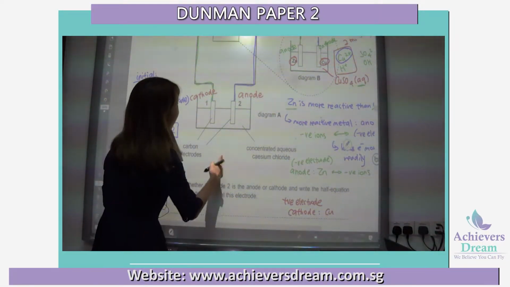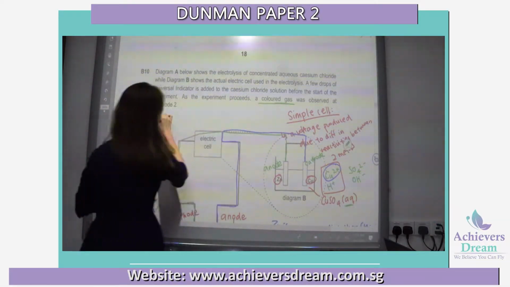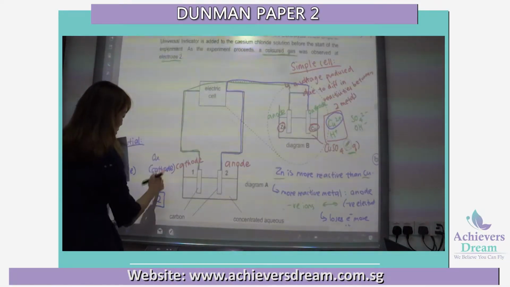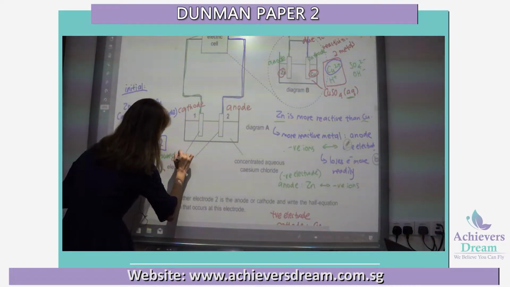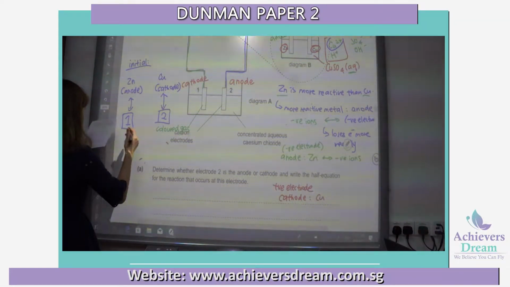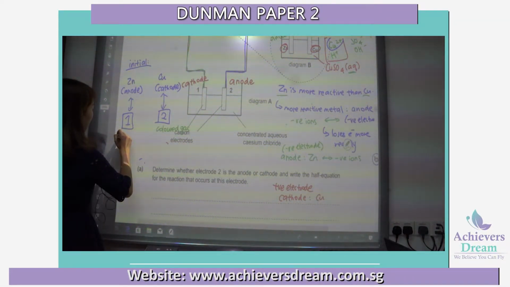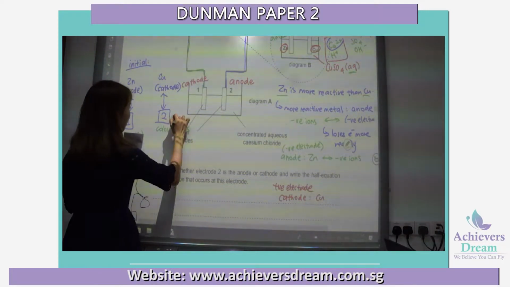Recall that the question says a colored gas was observed at electrode 2, which is here. So there will be a colored gas. Then electrode 1 is the cathode, and here is my anode.